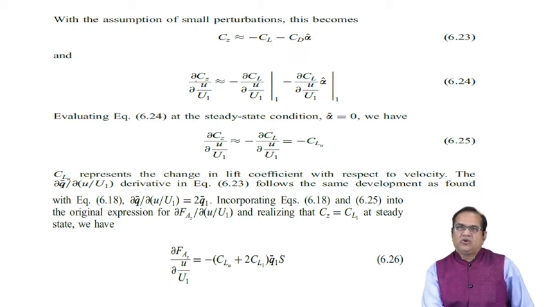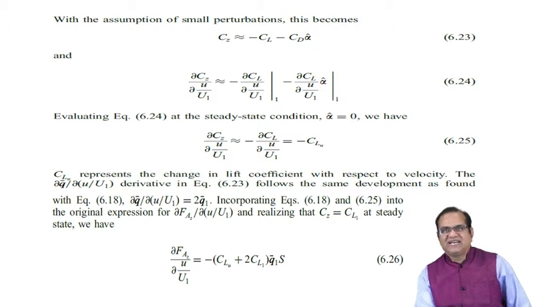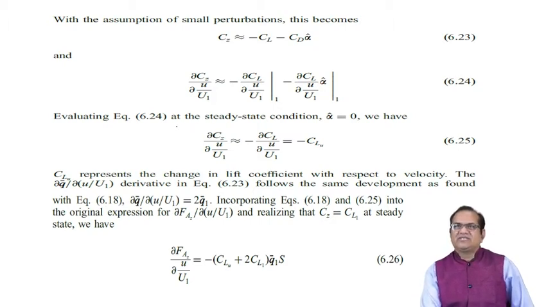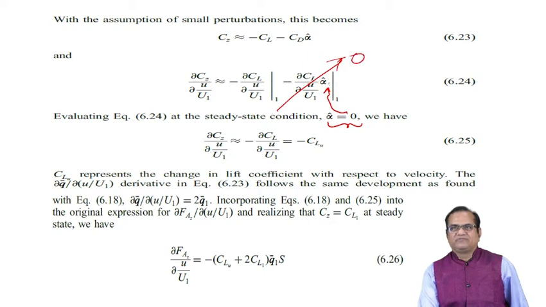So now dou CZ by dou U by U1 is approximated as minus dCL by du by U1 minus dCD by du by U1 into alpha at steady state condition. From equation 6.24, at the steady state condition, alpha is equal to 0. So if we put alpha equal to 0, this term will be 0.